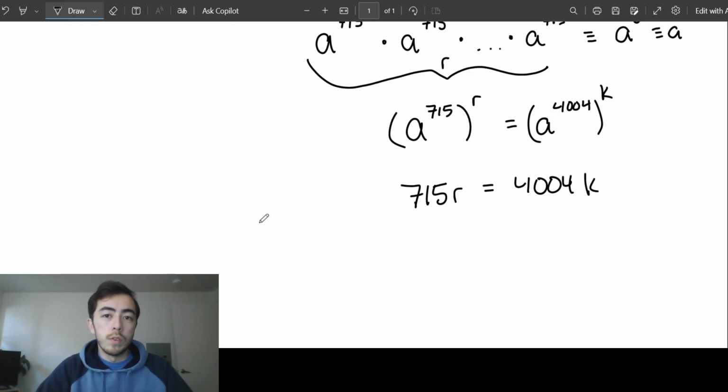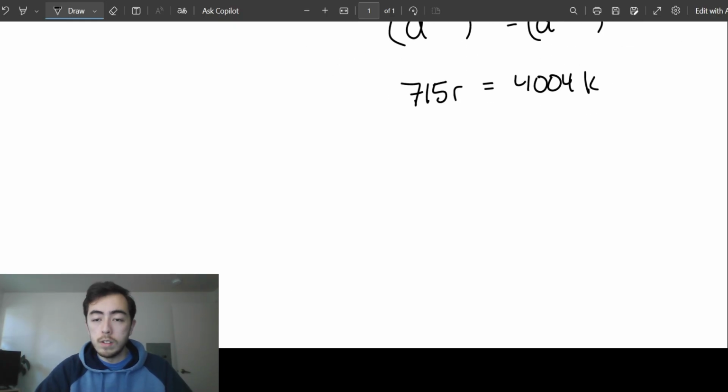And then I think it would be useful here to see if there are any common factors. Let's see, 4004 looks like 4 times 1001. And I believe 1001 is divisible by 11, right? Because 11 could go into like 990, and then if we add another 11 to this, we are going to get 1001.